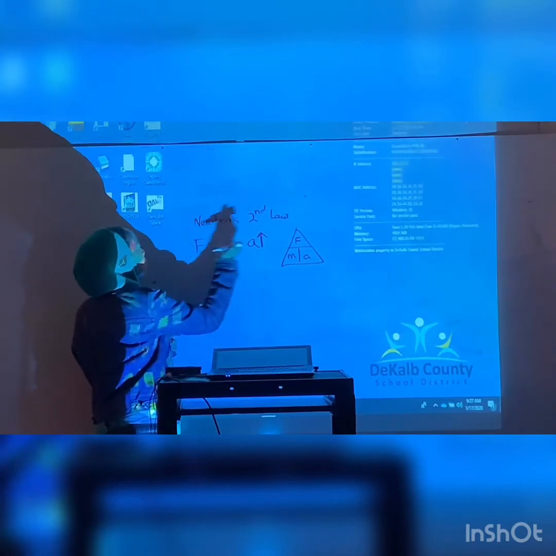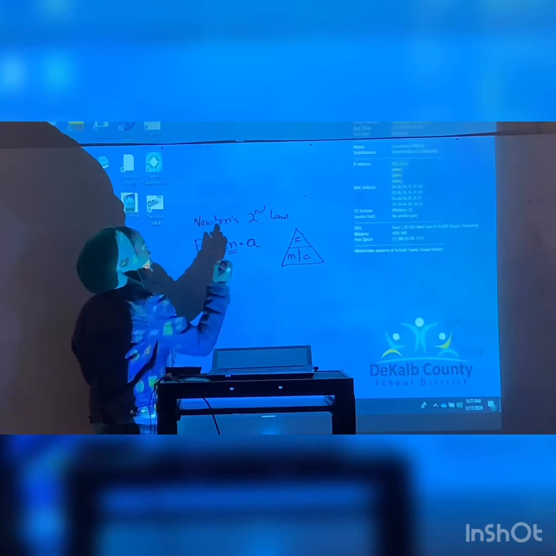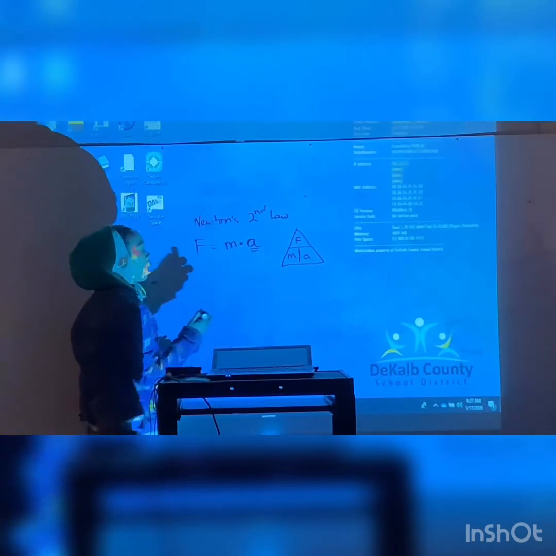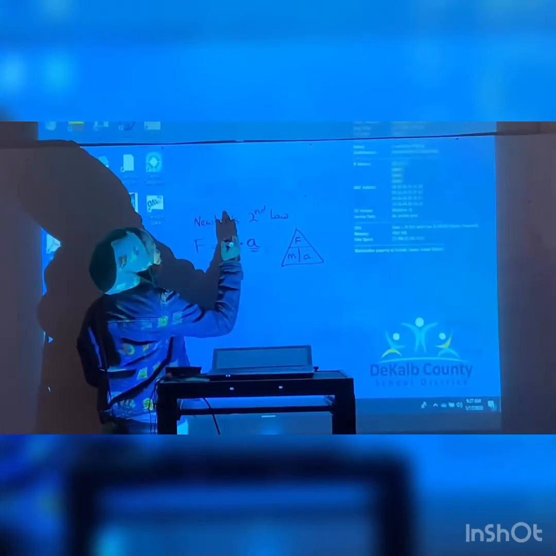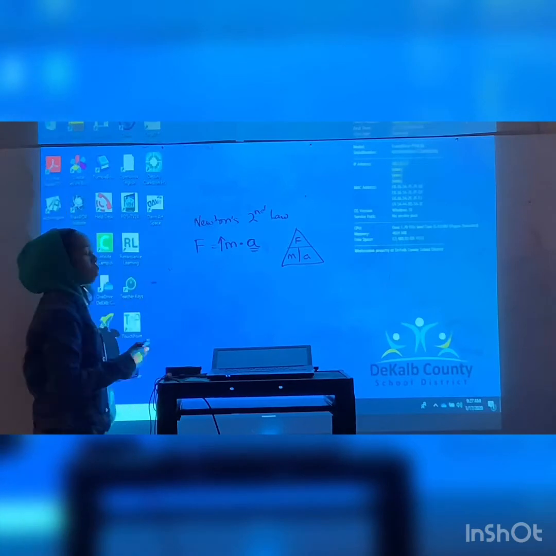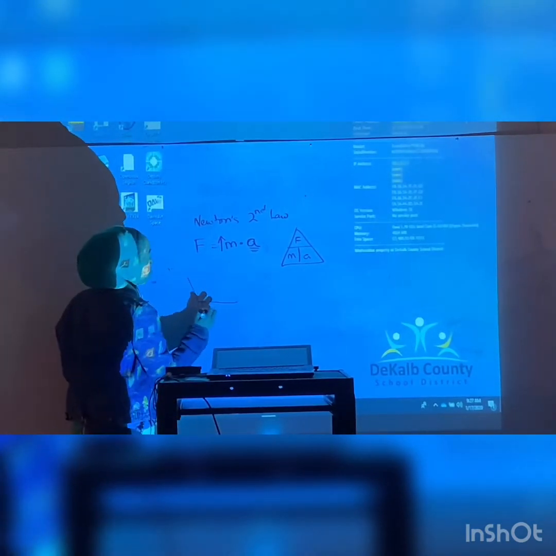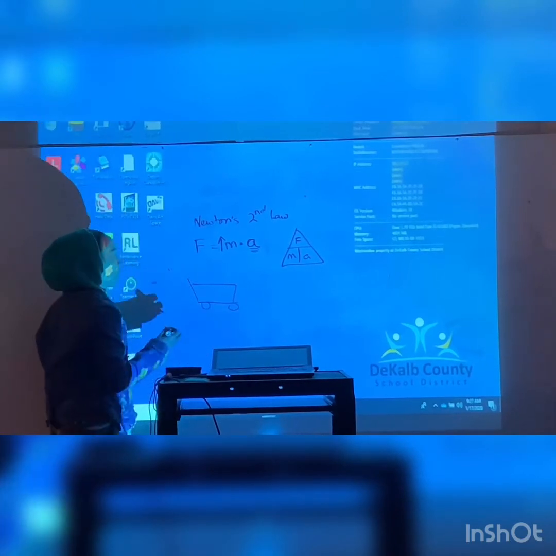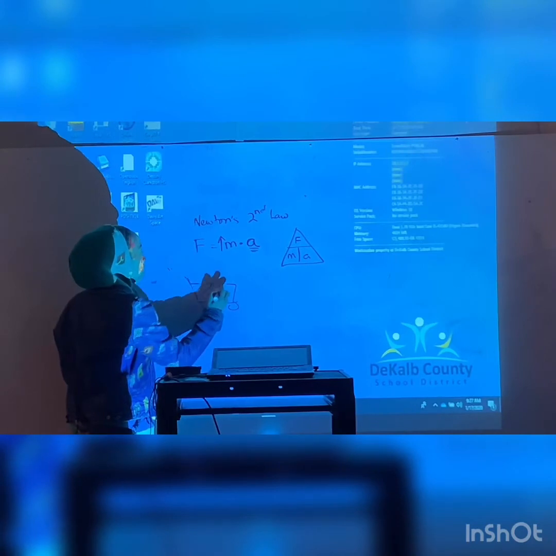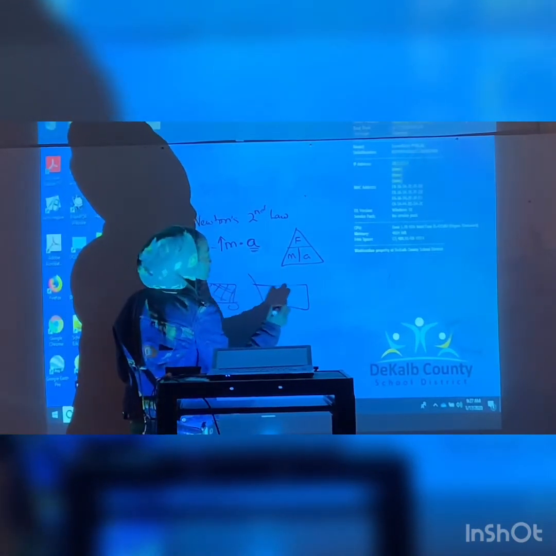What about if we change the mass? If we increase the mass, it will decrease the acceleration. If we want to keep acceleration the same, we would have to do what with our force? Think of it as a grocery cart. We have a grocery cart that's empty, and then we have a grocery cart that is full.